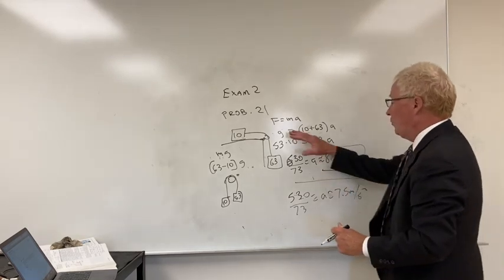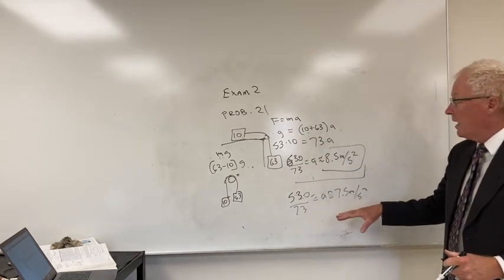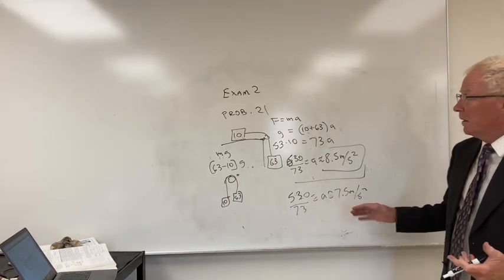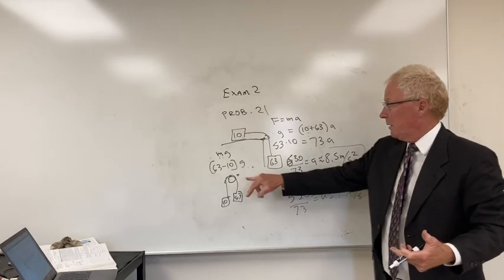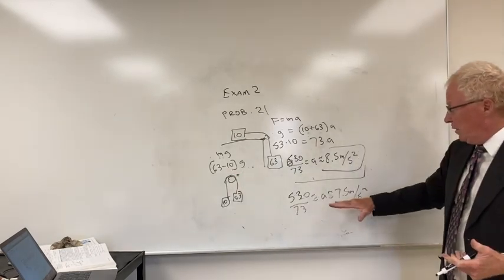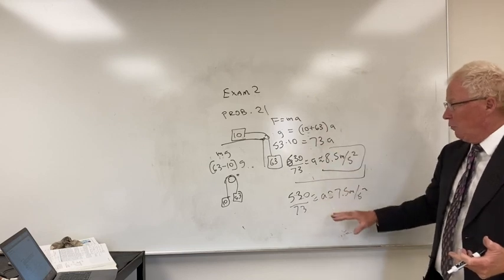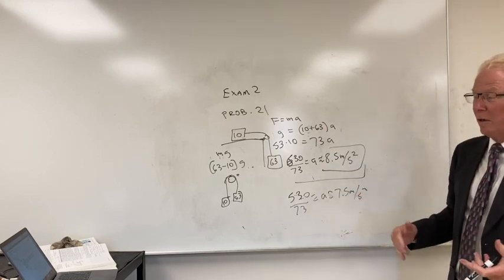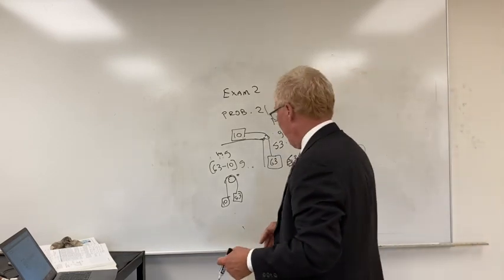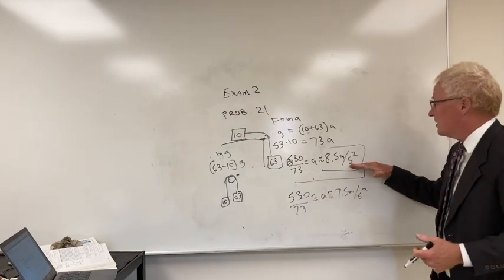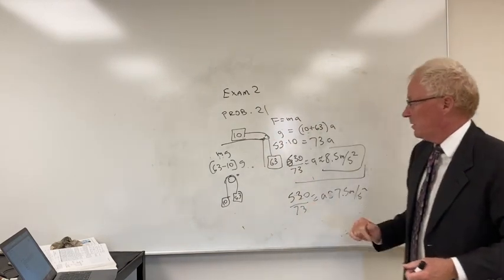So if you showed your work to get this, I took half a point off, all right? Because you did it basically correct, except you added this. If you just put this number down and didn't show any work, I gave you only 2 points out of 3. So that was problem 21. So the correct answer is this, because of this configuration.